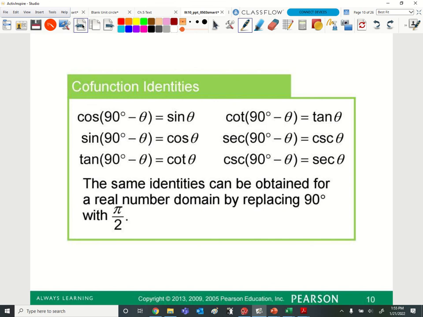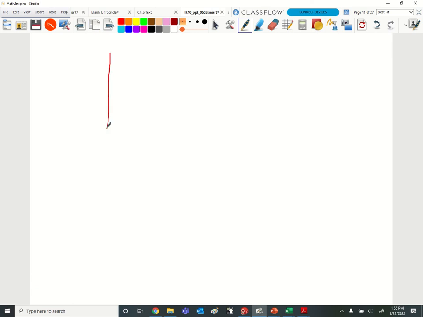All right. So hopefully you're stopping where you're at, and we're picking up right here. So co-function identities. We've done these before, a lot. We know that both angles together in a right triangle have to add up to 90.